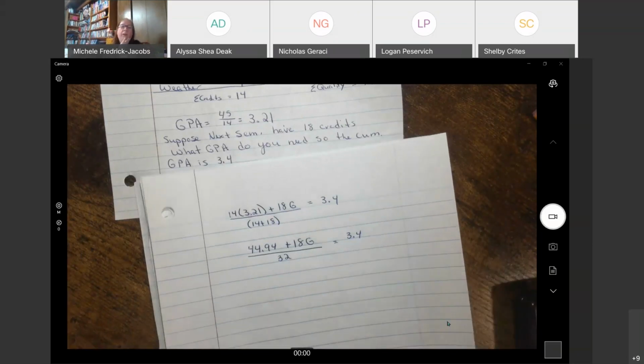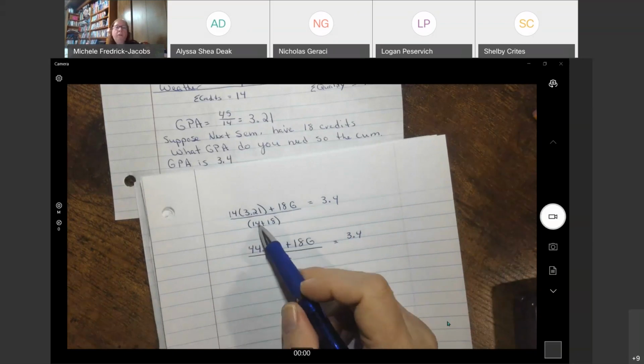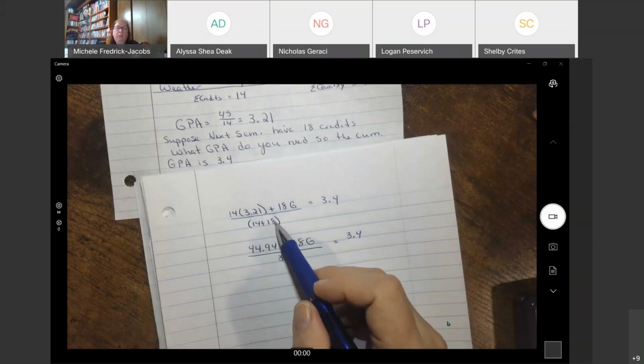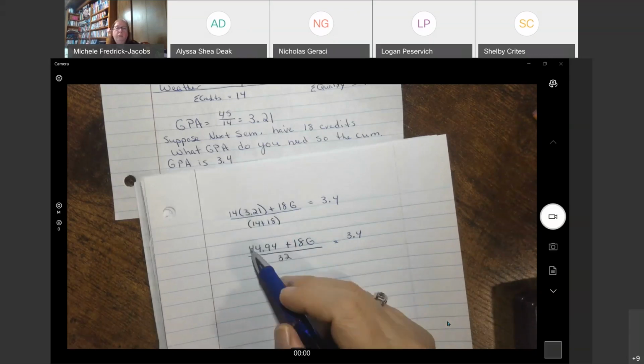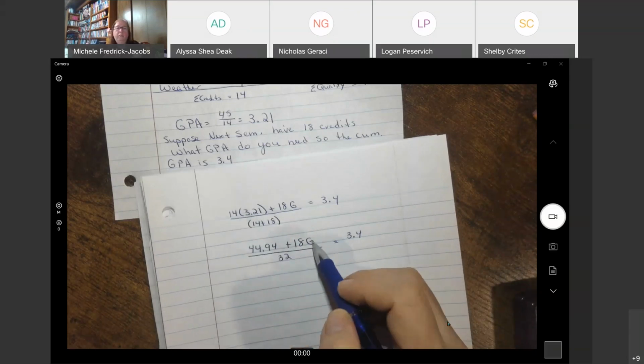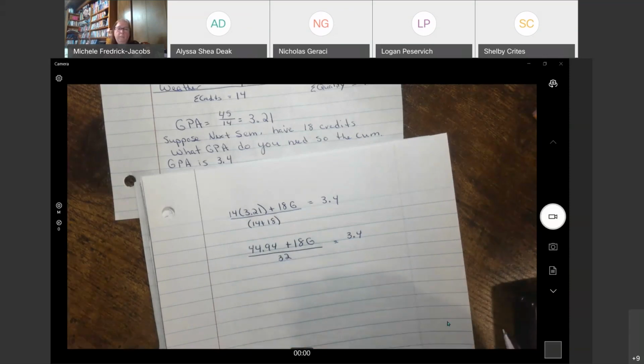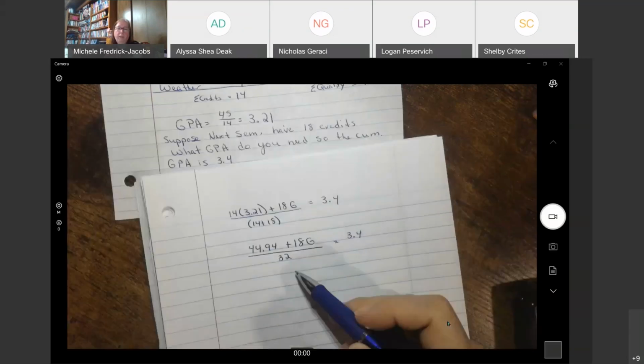Any questions on that part? I just added these up. So after this semester, the second semester, we'll have 32 credits. This quality point is this one, and we're looking for the grade point average. Any questions on that?